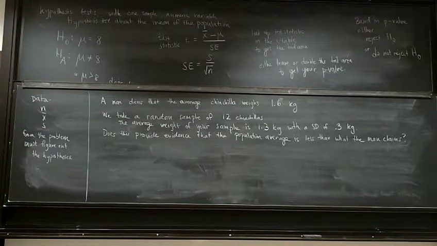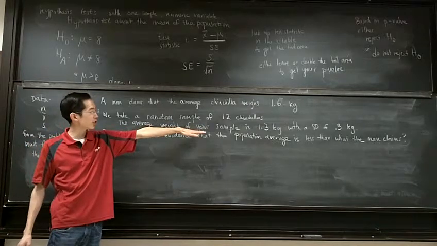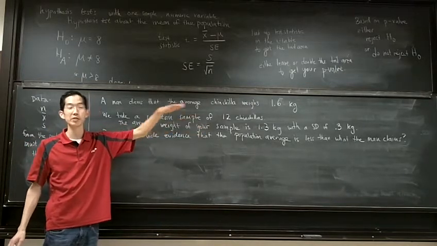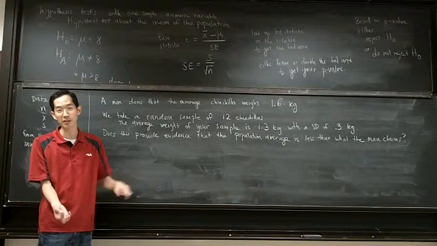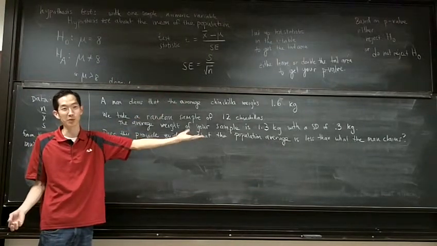Student question: it wouldn't be the sample population average is less than what the man claims? There's no such thing as a sample population, because the sample comes from the population. We know that the sample average is 1.3, so it's not a question. Is the sample average different from what the man claims? Yes, my sample had an average of 1.3.